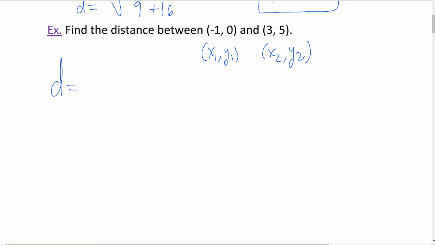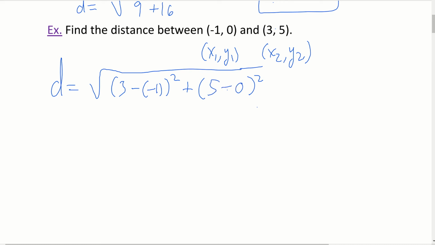We get the distance is going to be equal to the square root of x2 minus x1. So that's going to be 3 minus a negative 1 squared plus, now we're going to do y2 minus y1. That's 5 minus 0. That again has to be squared. We have everything plugged in.